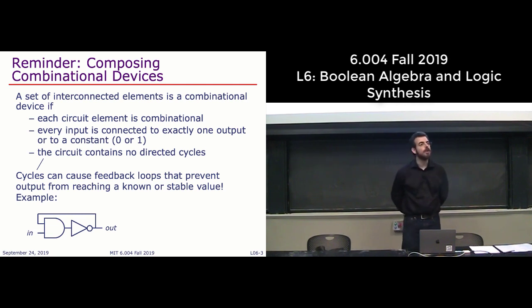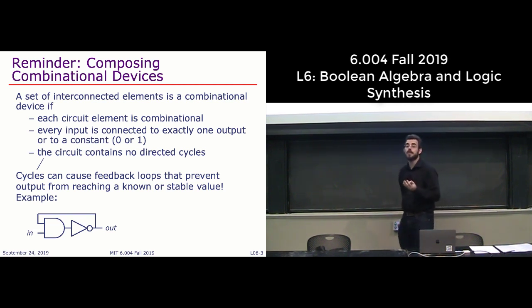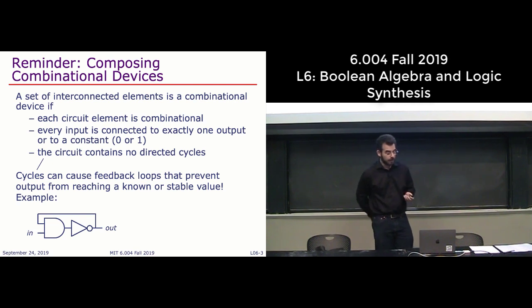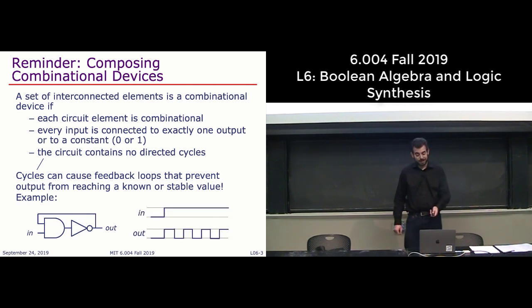The key problem with cycles is that you can have feedback loops that cause the output to never settle to a valid digital value, or maybe a known digital value. In this very simple combination of two combinational devices, this AND gate that outputs a high voltage when both of its inputs are high, and an inverter, which we both saw in the previous lecture, if you take the input from 0 to a 1, the output will oscillate.